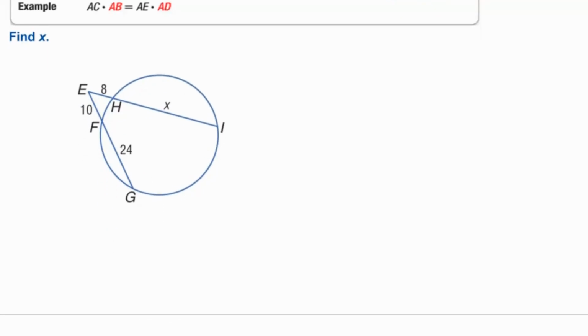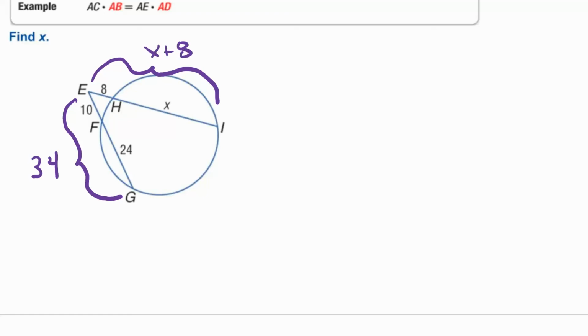When we're looking at solving a problem, it's best to mark your picture with the length of the whole entire segment. So the length of the segment EG would be EF plus FG, or 10 plus 24, which would give us 34. For the length EI, we would add the two segments again, EH plus HI, which would give us x plus 8.